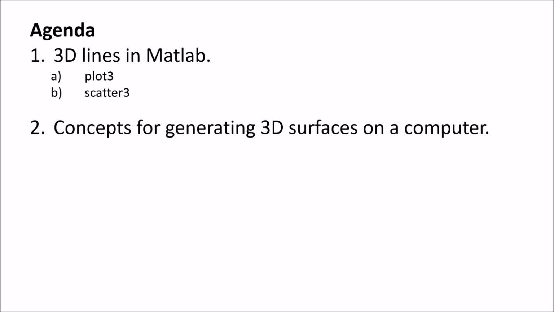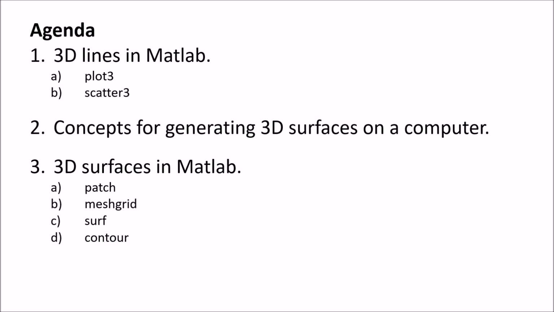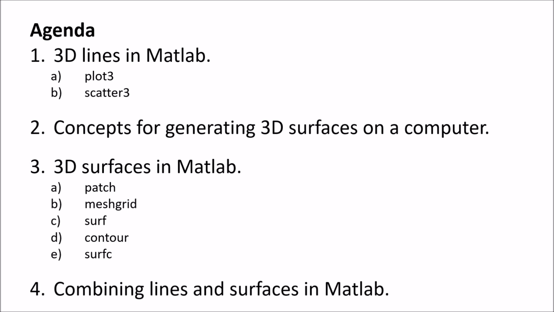Once we have this concept down, we'll take a look at tools in MATLAB to enable this workflow such as patch, meshgrid, surf, contour, and surfc. Finally, we'll look at combining 3D surfaces and lines to generate some very interesting and descriptive graphics. So, if all of that sounds good to you, let's jump over to MATLAB and dive in.